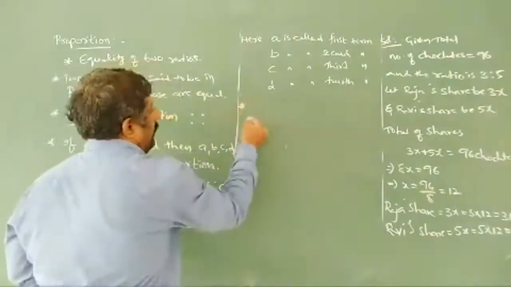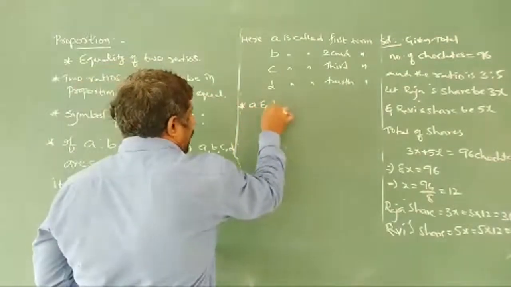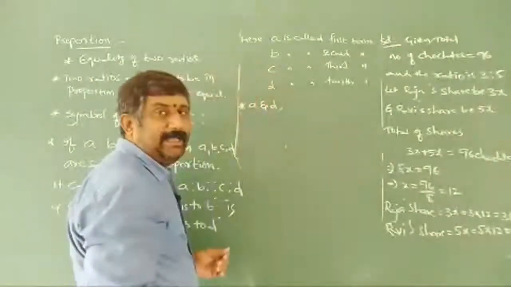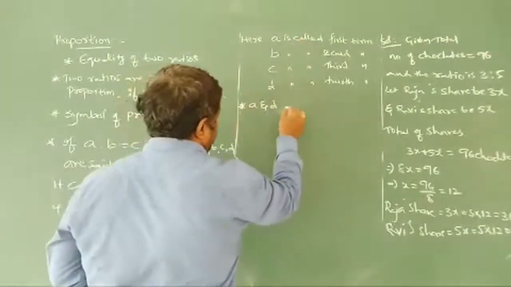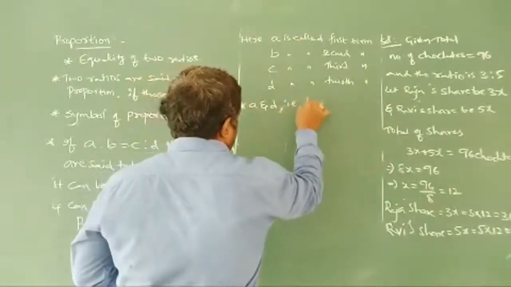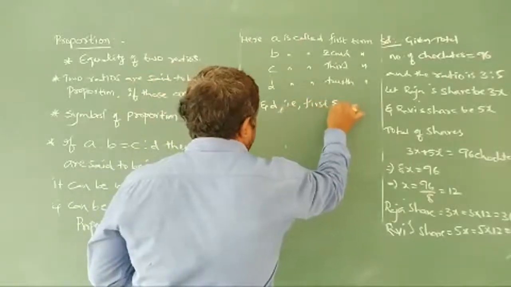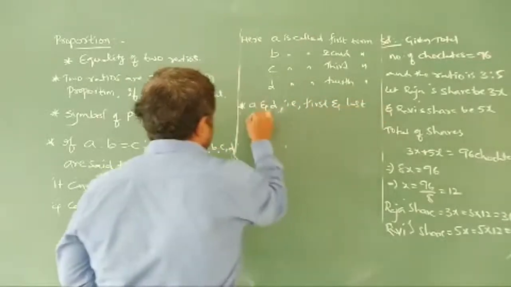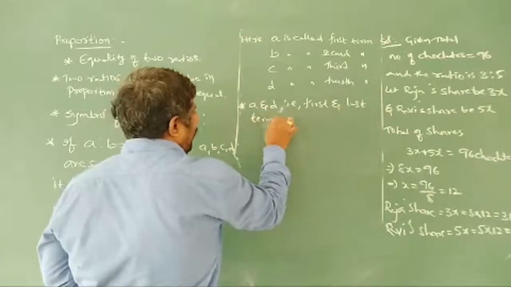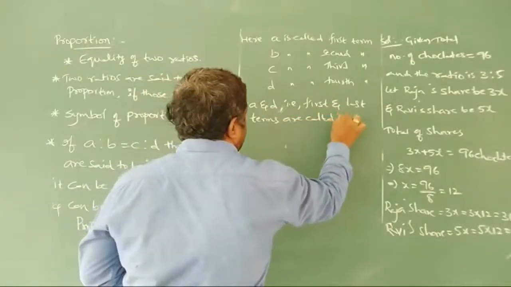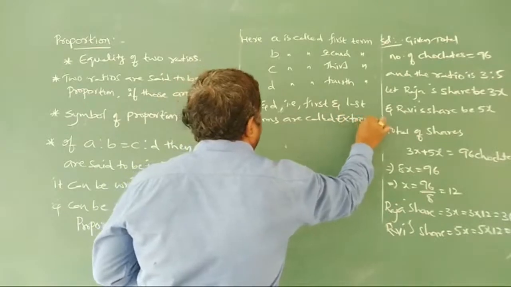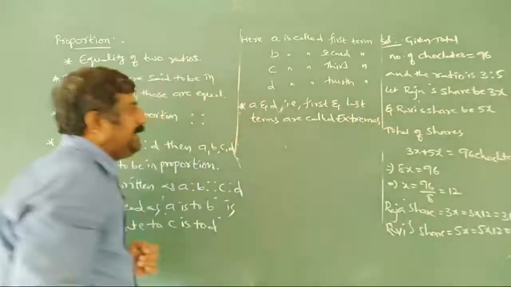Next, A and D. What are A and D? The last two terms, first term and last term. That is, first and last or fourth you can say are called extremes.